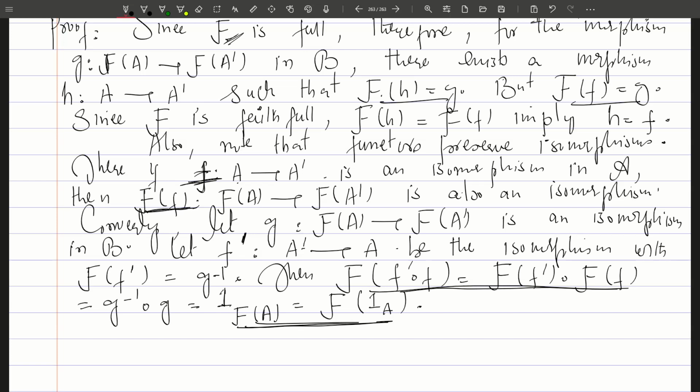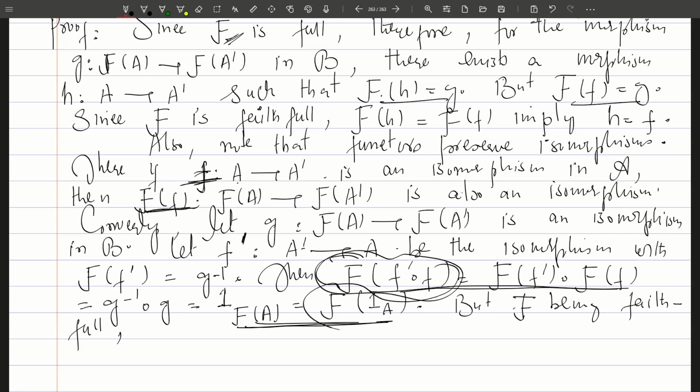The functor f being faithful, that is injective, this would imply that we get this expression equal to this expression.